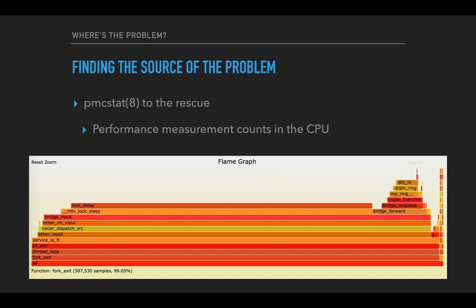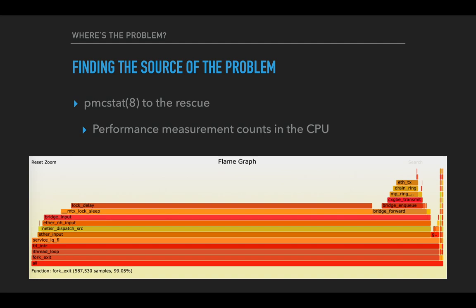The height of the graph is essentially a call stack, which means that if we look at this, for instance, we have T4 inter, which is the interrupt handler for the network card that we happen to be using here, which calls into service IQFL, which calls into ether input, which is the input function for Ethernet, which dispatches to a network interrupt service routine, which goes to ether NH input, which is the Ethernet input function, which calls bridge input, so getting packets into the bridge.